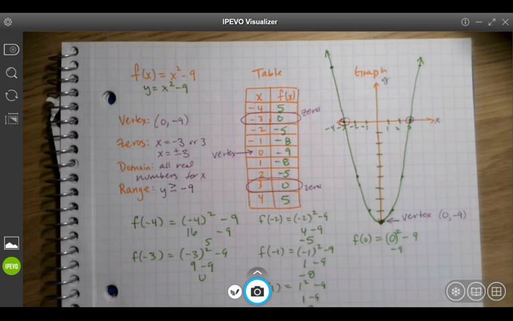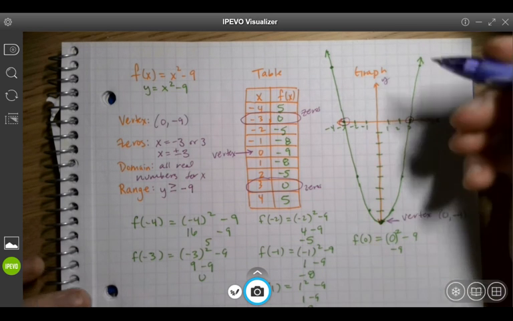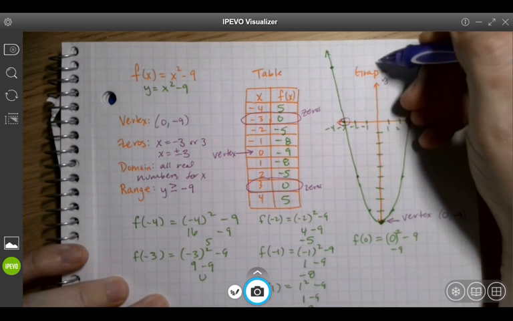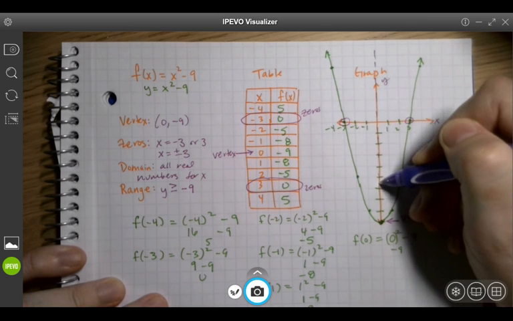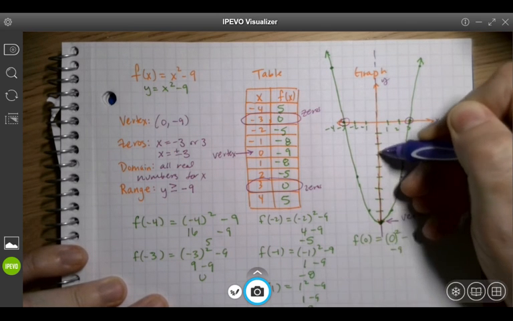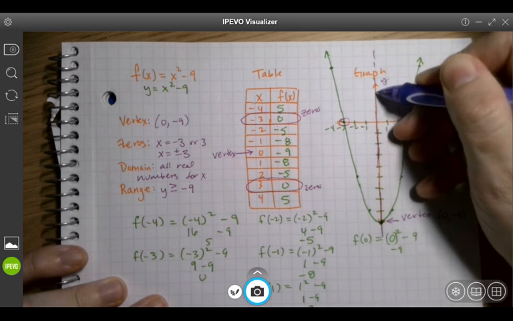The only other thing that I think is worth noting is you can see here there's an axis of symmetry.